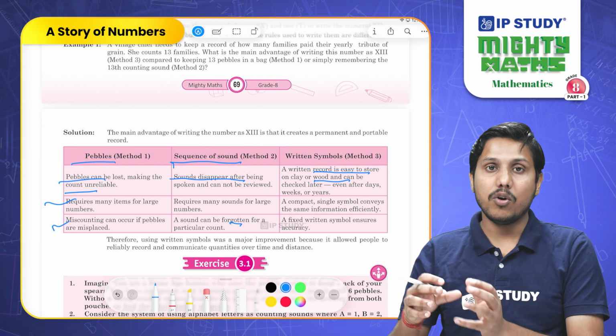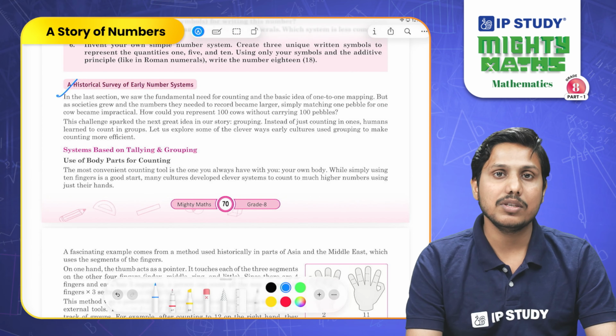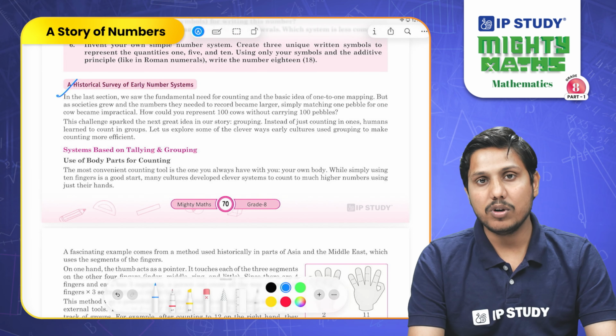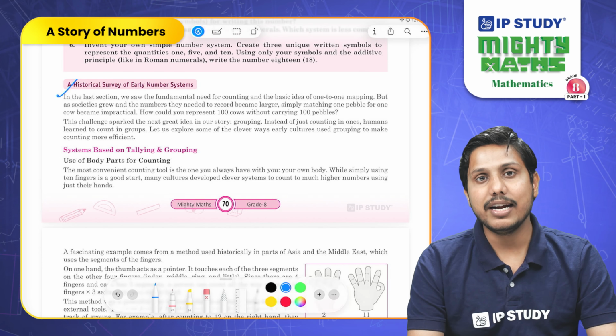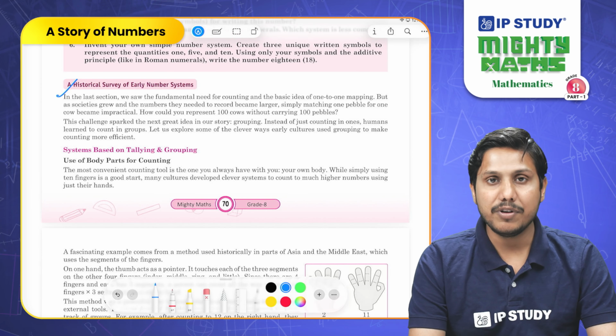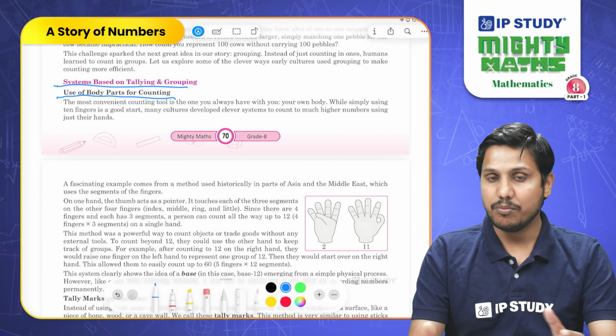Moving to the next part, a historical survey of early number systems. When human civilization was evolving in different parts of the world, they were using different kinds of number systems to record their count. There is one example of a system based on tallying and grouping, where they use fingers to group items. So, use of body parts for counting. The most convenient counting tool is the one you always have with you, like your own body parts.